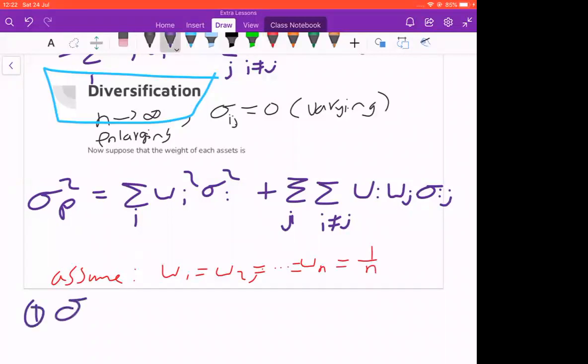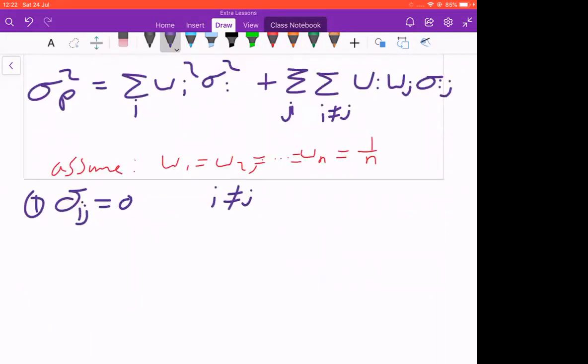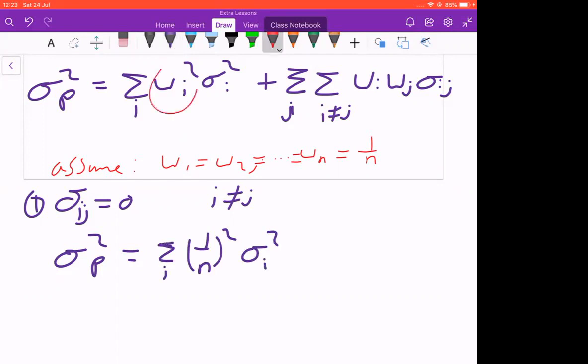First, if the assets are uncorrelated, where sigma ij is equal to 0 for i not equal to j, then the variance of the portfolio, or the variance of the returns, is going to be the sum of (1 over n) squared sigma i squared, because the weight is squared over here, plus 0.